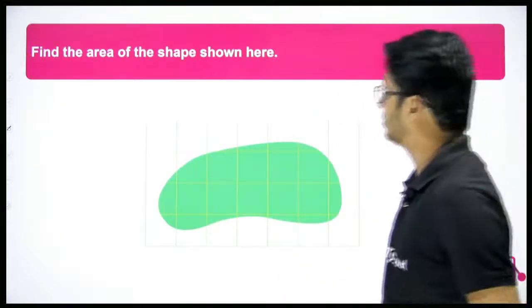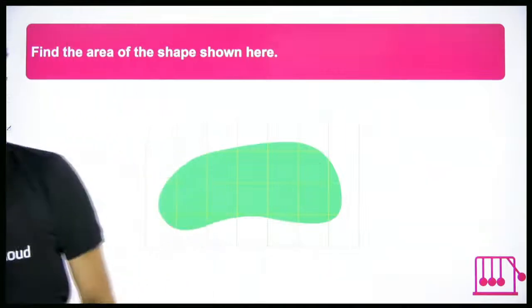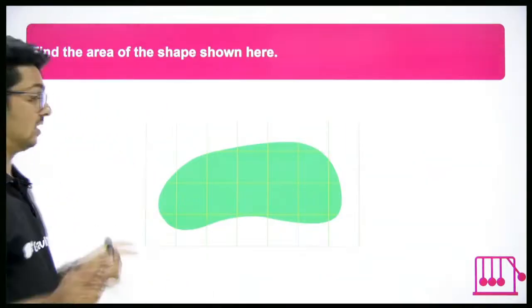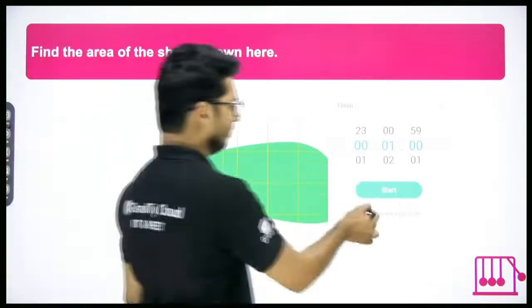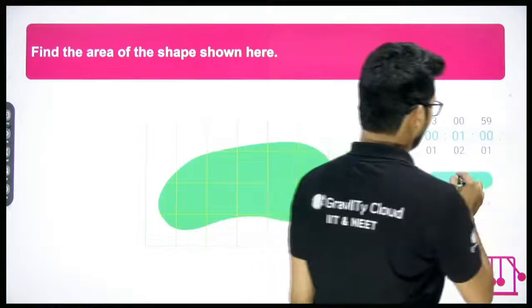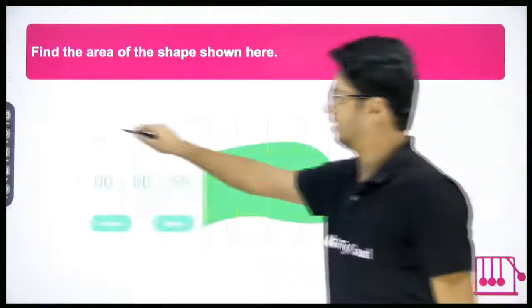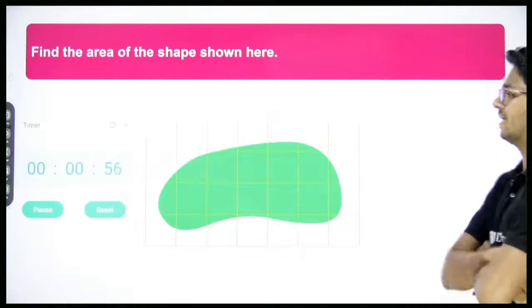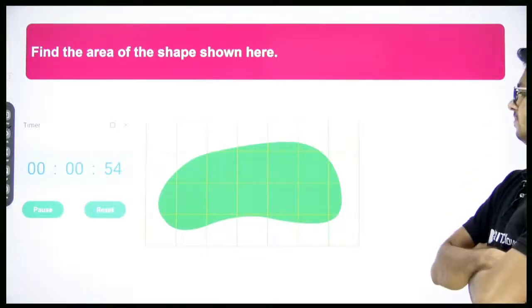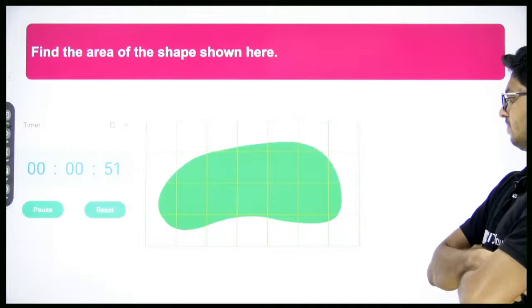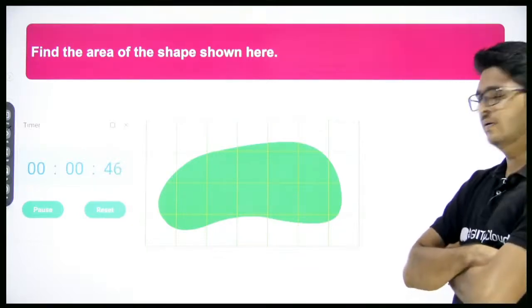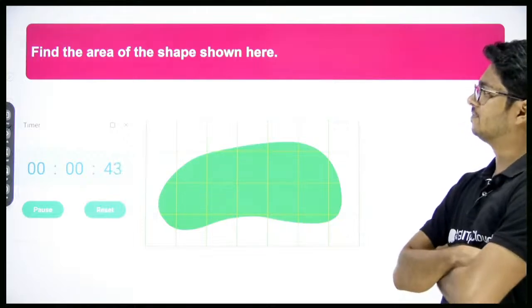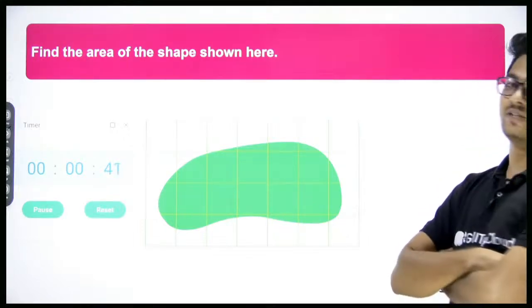Okay. Next. Find the area of the shape shown here. I'll give you 1 minute. Please solve it. It's an interesting question. We practiced it. I'll keep it here. You can see the timer. Please solve it, everyone. What will the area be?